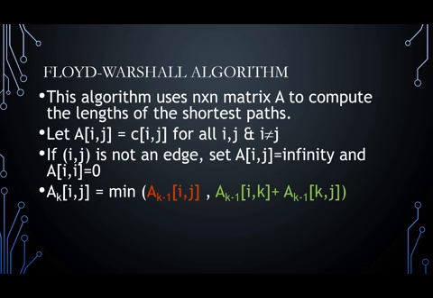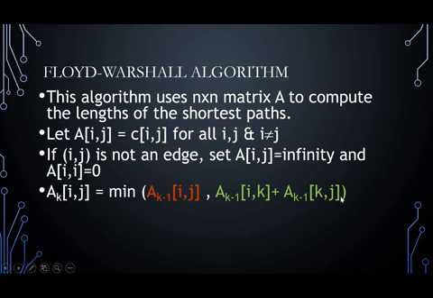Then from one stage to the next stage, from A to A1, the computation goes like this. A1 of ij will be the minimum of A of ij compared with A of ik plus A of kj.